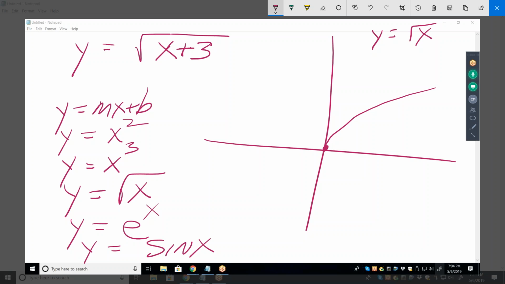So now what transformation has taken place? What's the difference between this function and our elementary function? That there's a plus 3. Well, first of all, tell me if it's a vertical transformation or a horizontal one. It's horizontal. Always inside the function, and it's inside the radical sign.